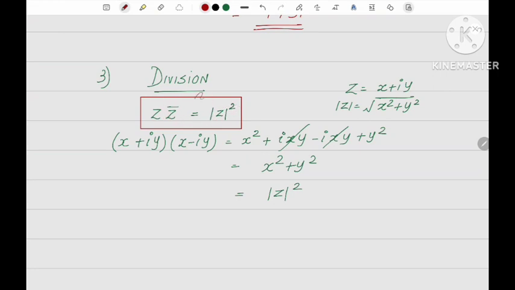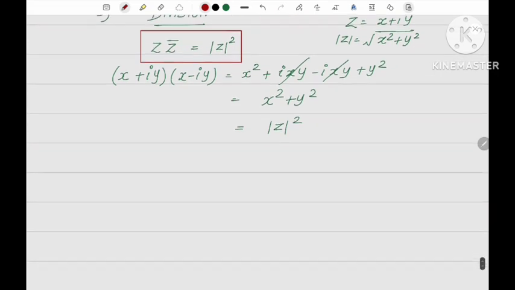So the main thing that comes out from here is, on the left hand side you have two complex numbers, but the right hand side you have a real number. If you want to make a complex number real, you multiply that complex number by its conjugate, and the result will be a real number. That is the property that we will use.